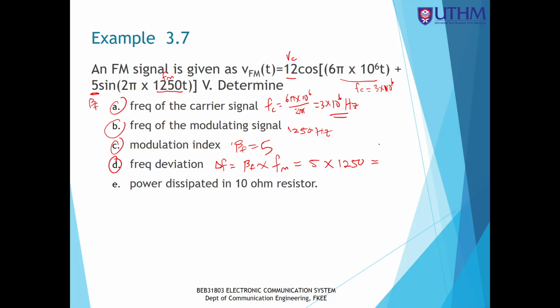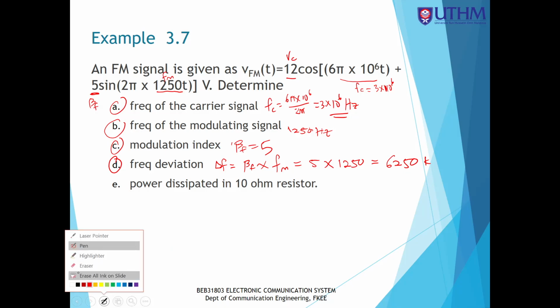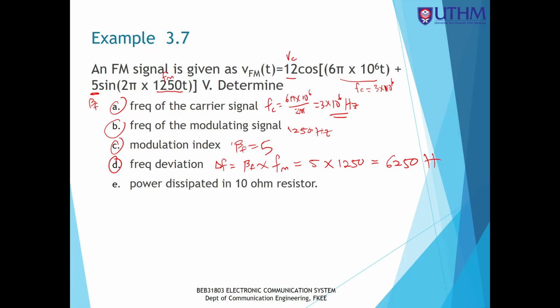So how much is this? 5 multiplied by 1250, so you get 6250. Okay, 6250 kilohertz. Sorry, 6250 hertz. Remember to write the unit.